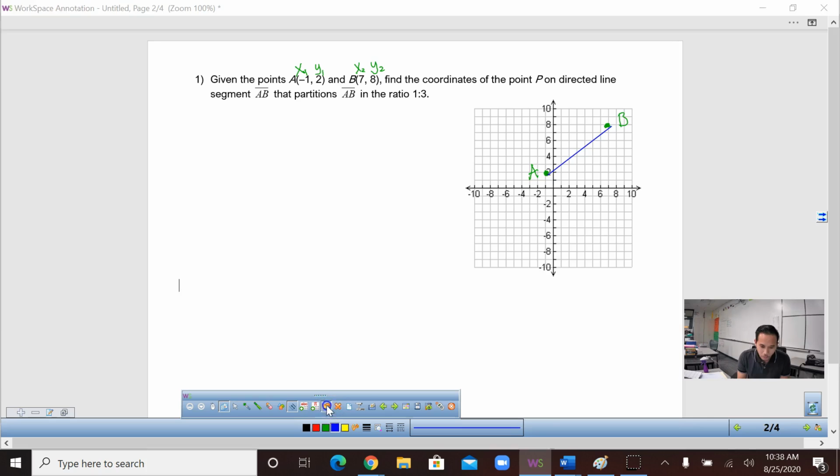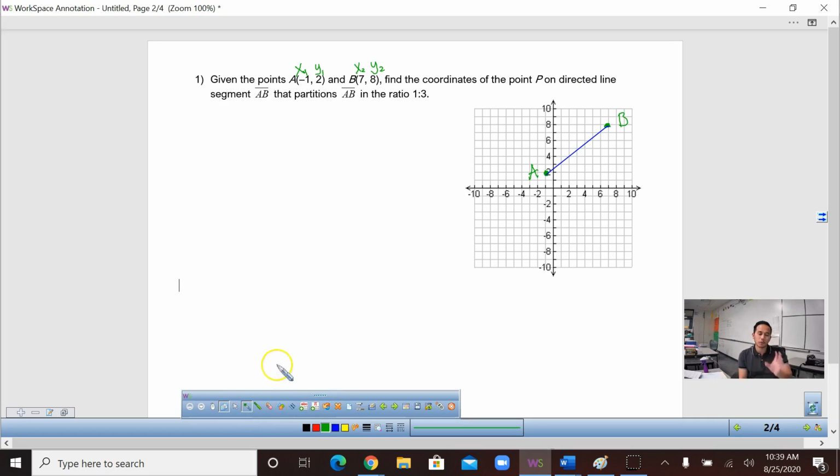Oh, sorry, I need to be precise on this. So from point 2, again, I'm just being precise. Sorry, guys. And accurate as possible so you can see. All right, so this is now your directed line segment.